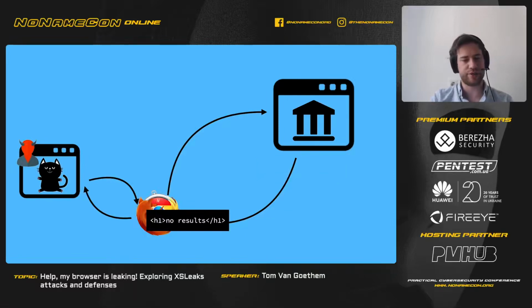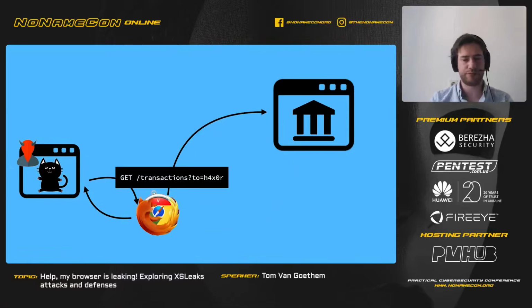And then this malicious site will either use some timing information or will try to measure the size of the response in order to extract some information from this. So it will be able to determine that there were no transactions to Tom.